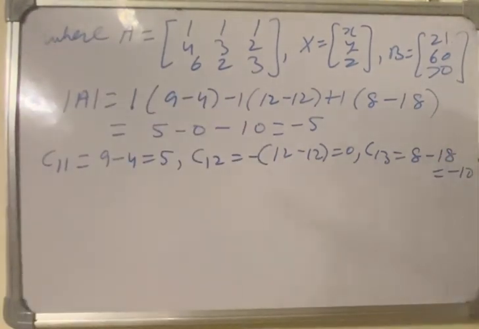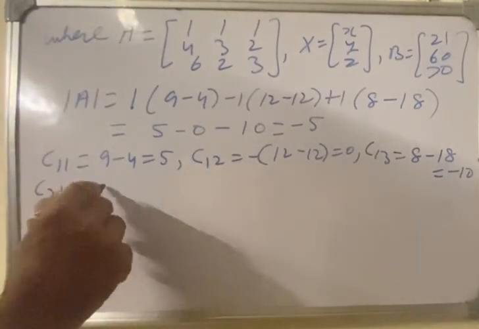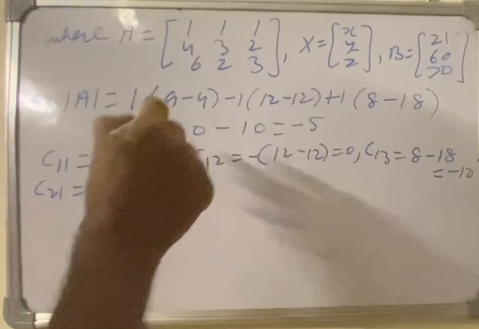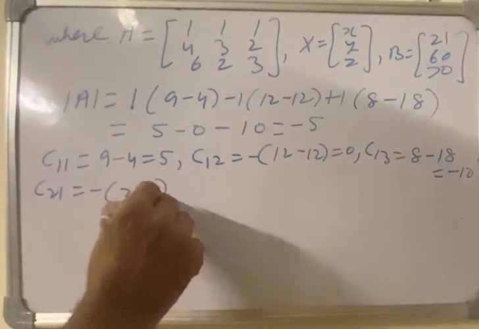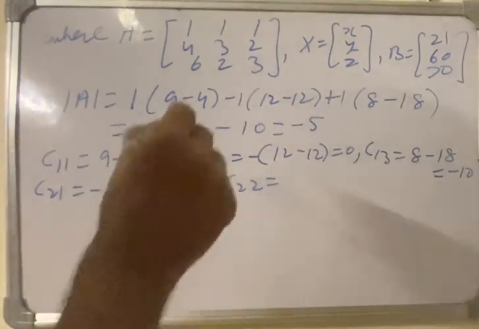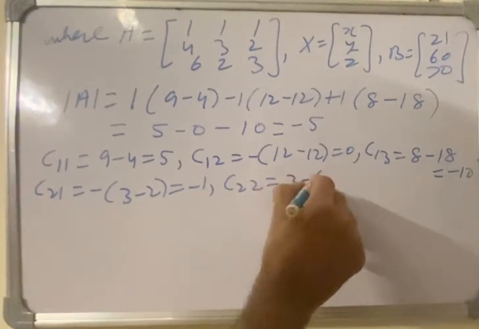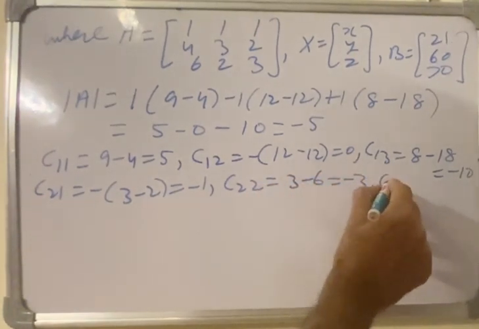Then cofactors of elements of second row. C21 is minus (3 minus 2) is minus 1. C22 is 3 minus 6, minus 3.